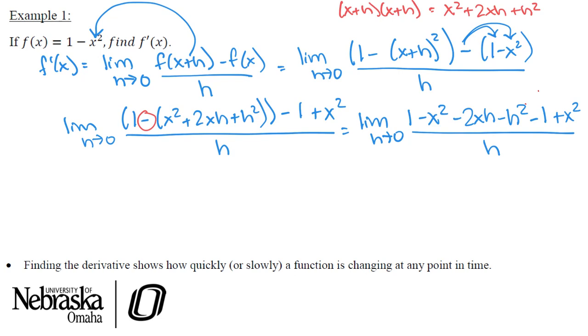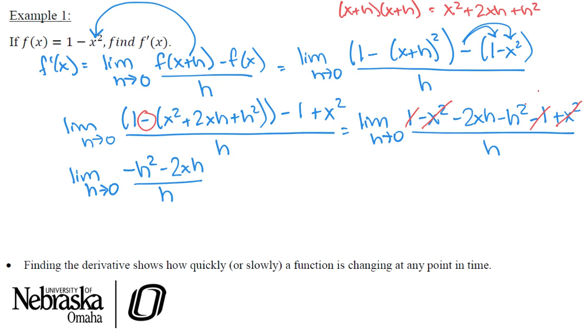Generally speaking, and it's true for this problem, many of our terms will drop out. The x squareds will be gone, and the 1s will be gone. So we are left with, in descending order, negative h squared minus 2xh over h.